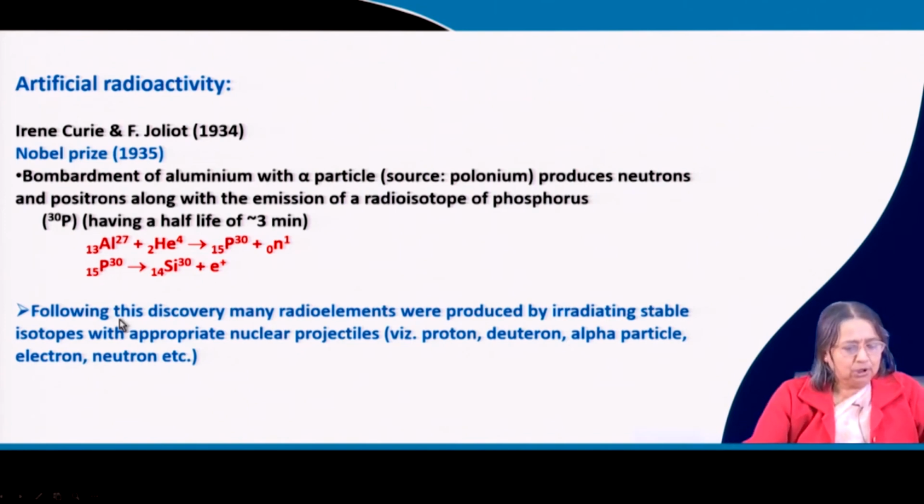Following this discovery, many radio elements were produced by irradiating stable isotopes with appropriate nuclear projectiles. What are projectiles? They are the particles by which you can bombard a nucleus. They can be protons, deuterons, alpha particles, electrons or neutrons, moving at high speed.